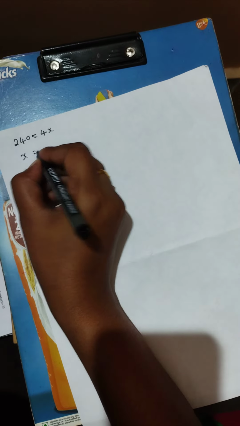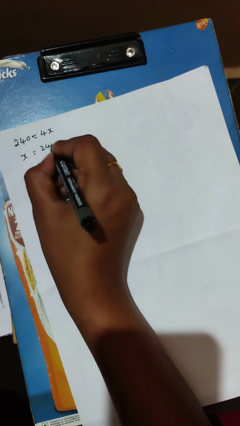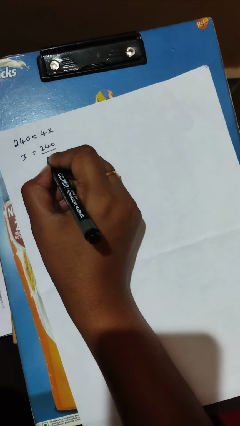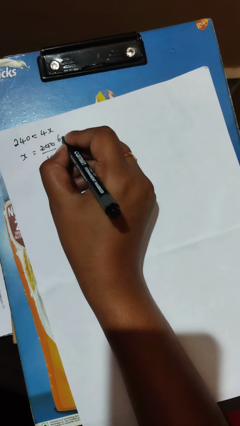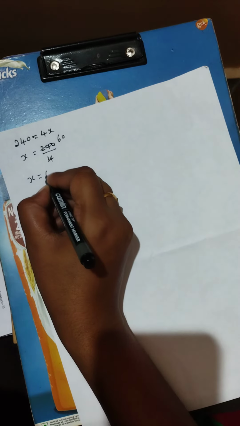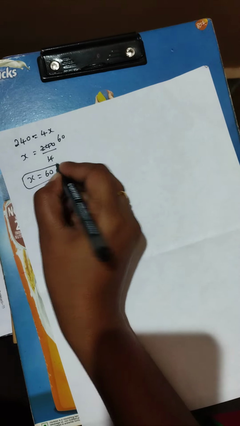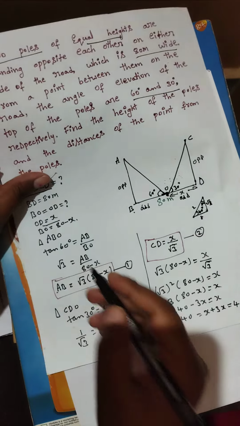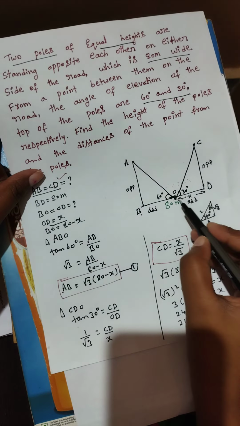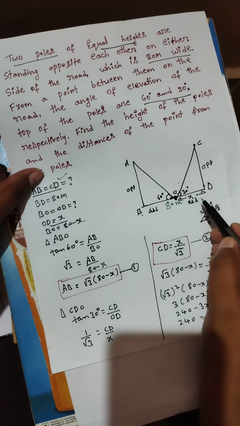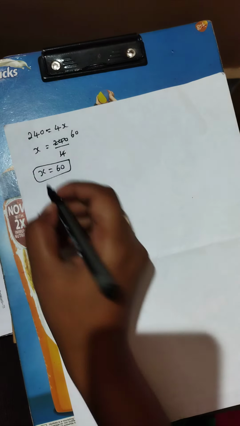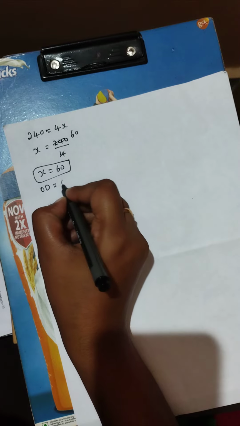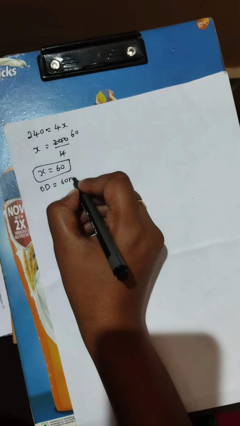So you calculate your x, x is equal to 240 divided by 4. 4 6s are 24, so you will get x is equal to 60. X is equal to 60 means what is your x here? Your x is OD. So OD is x, OD equal to 60 we got. So let us write OD is equal to 60 meter, right?